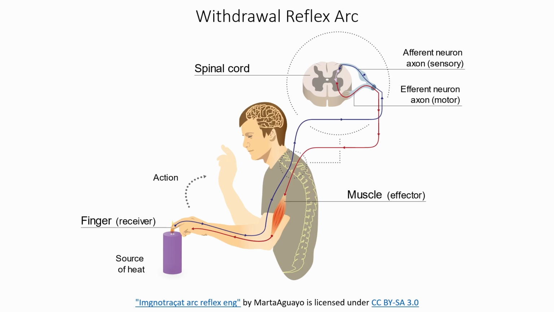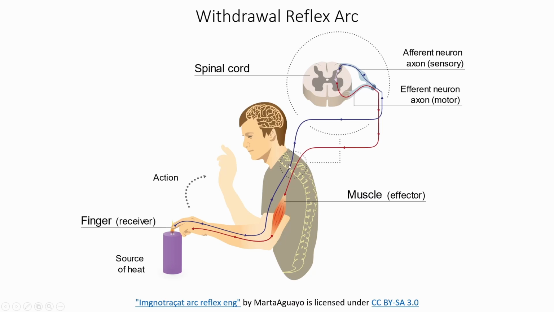So here's the withdrawal reflex. This guy here is touching a burning candle for some reason. His fingers are receiving the information that it is hot. That information is brought up into the spinal cord, and the spinal cord interneurons do the processing. Again, we're not going to the brain.